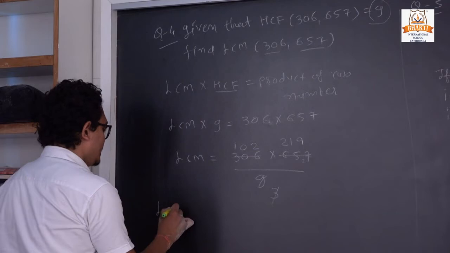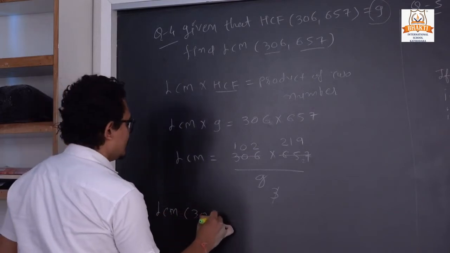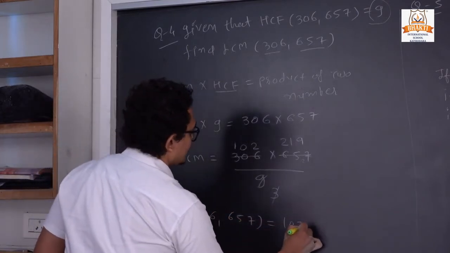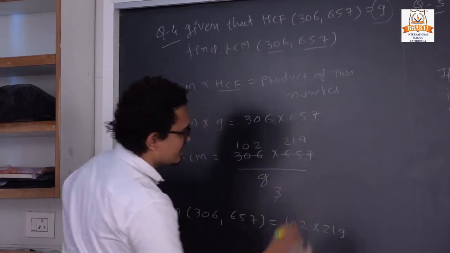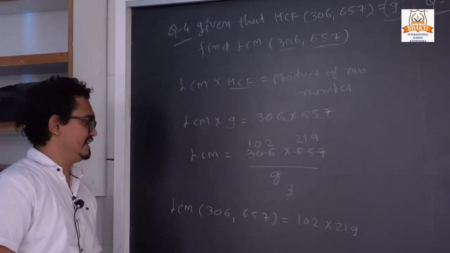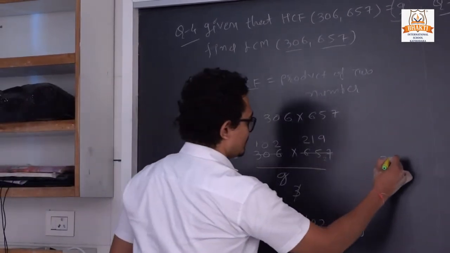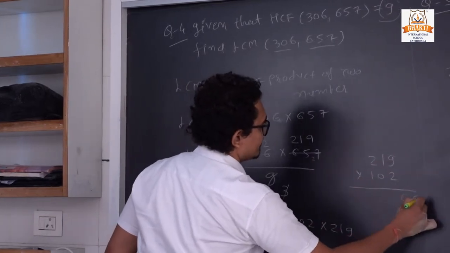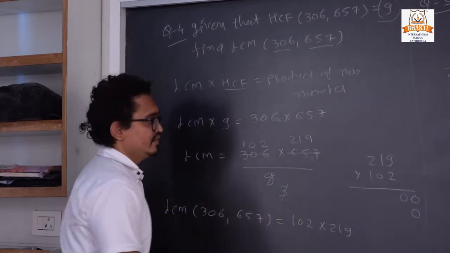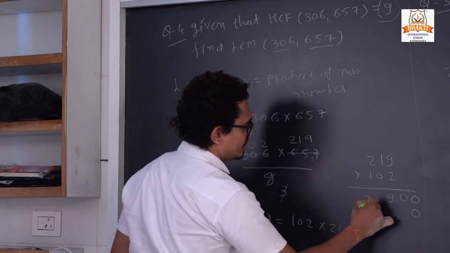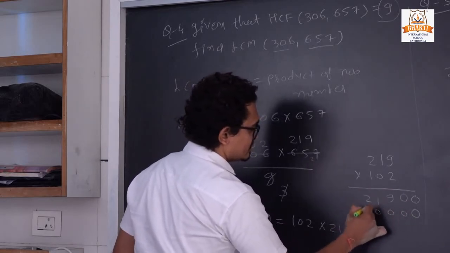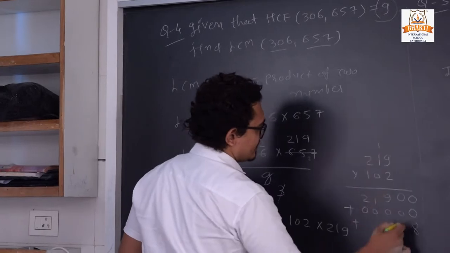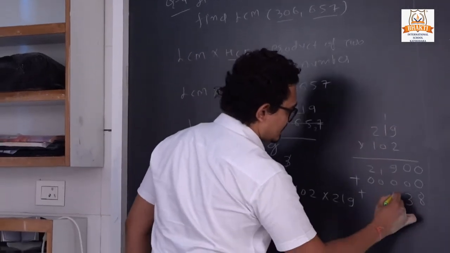So LCM of 306 comma 657 is equal to 102 multiply with 219. Now we can perform the multiplication. So here we have 2 0 and 1 0, then 9 1 2, then 0 0 0 0, plus 2 9s are 18, 3, then 2 2s are 4.